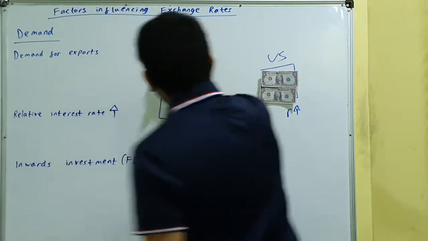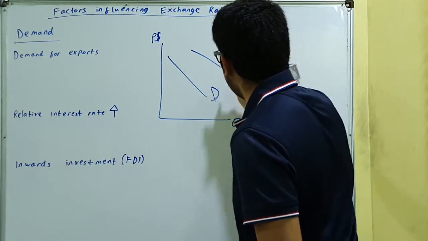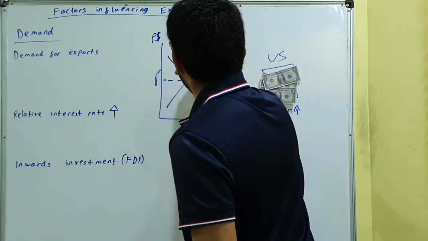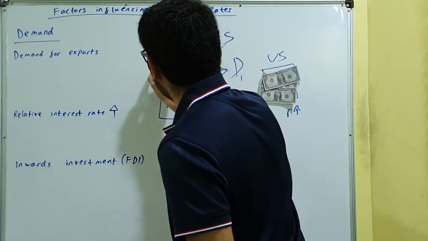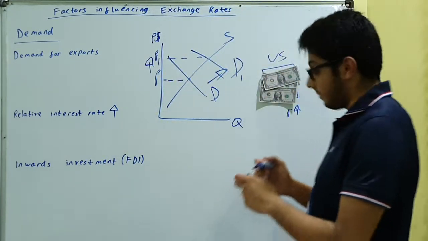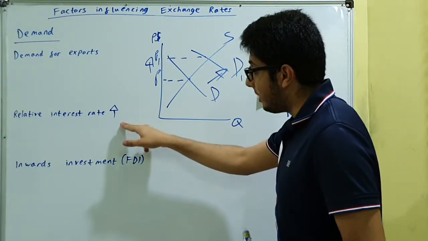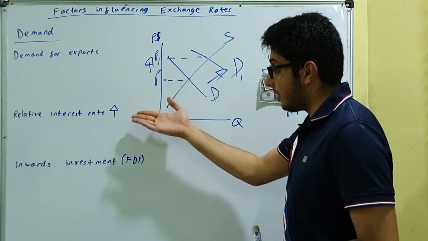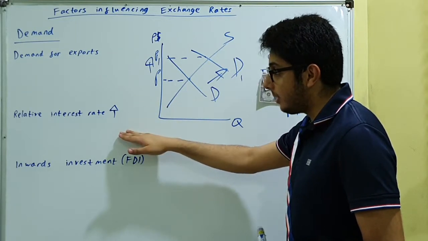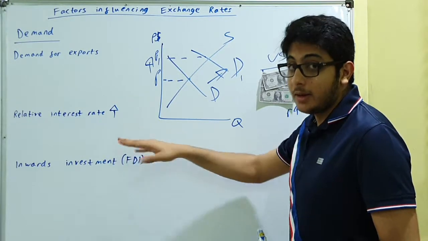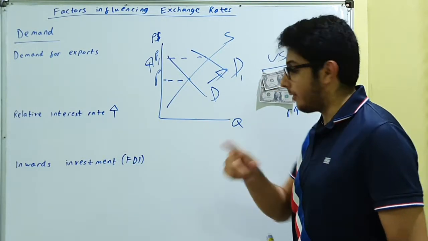You know how it works. Demand shifts right. Sorry for the messy diagram. And the dollar appreciates in value. That's only if relative interest rates go up. If relative interest rates go down, then it doesn't affect demand, it affects supply. I'll go on to that later.